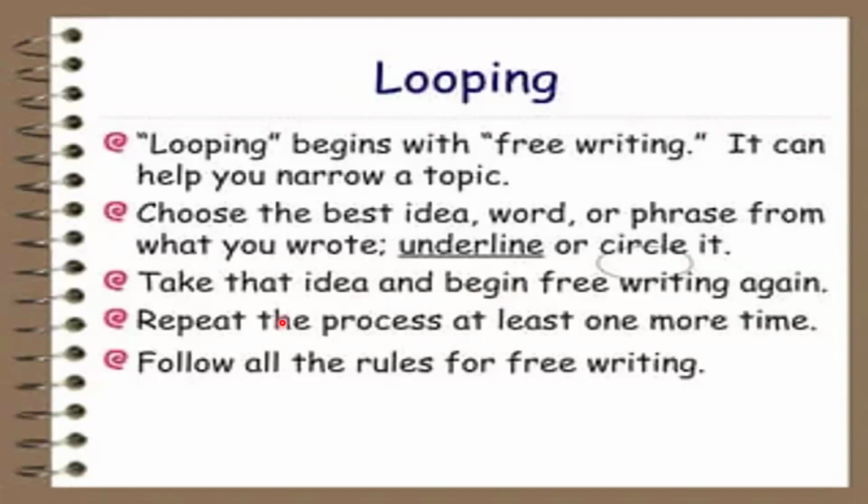Free write more on the concept of fertilizer. Take that idea and begin free writing again. Likewise, it develops. Again, you ask them to underline 1 or 2 more words or phrases related to fertilizer and build up a few more sentences related to that particular phrase. So that is known to be the looping technique.